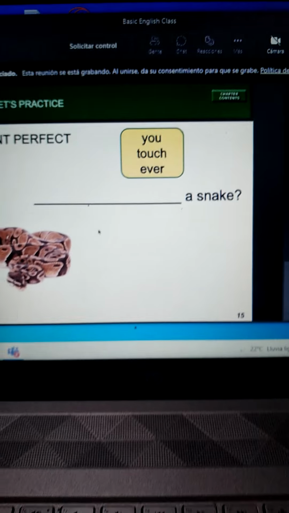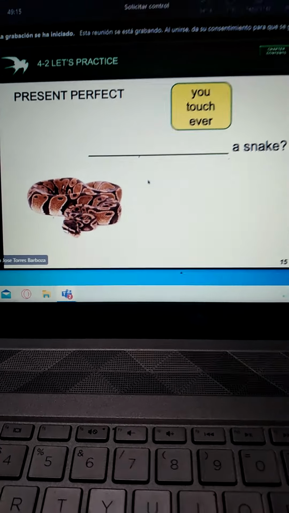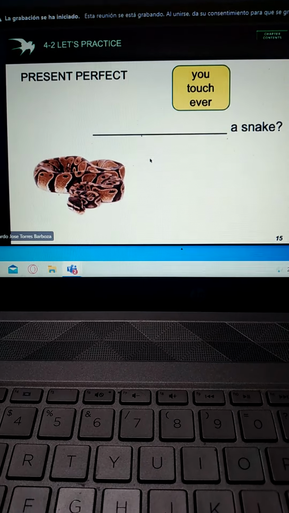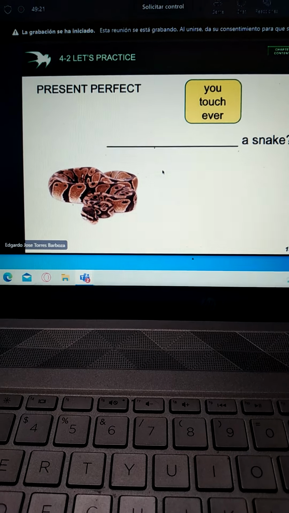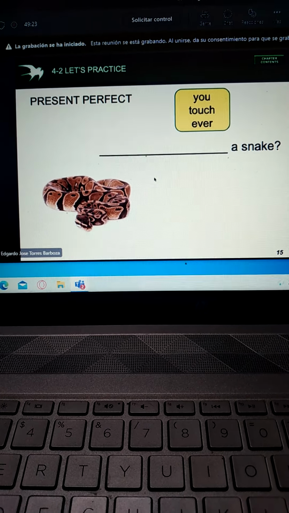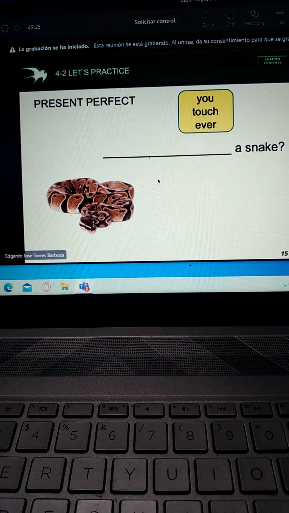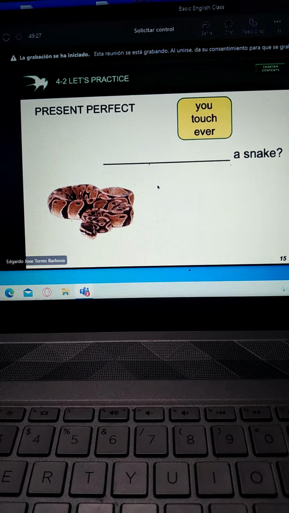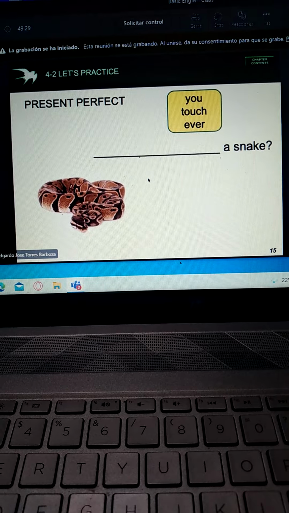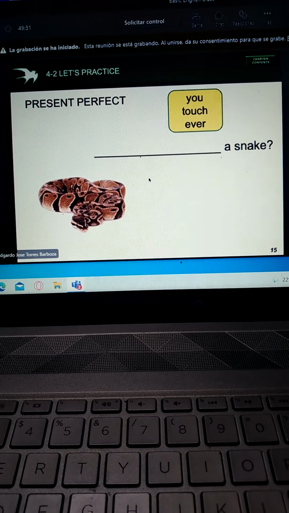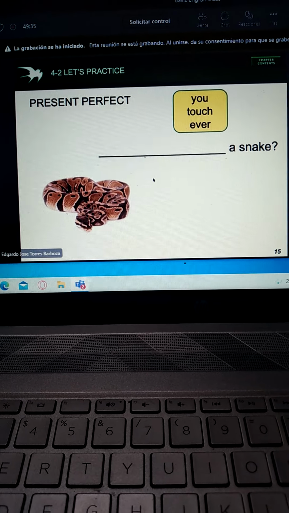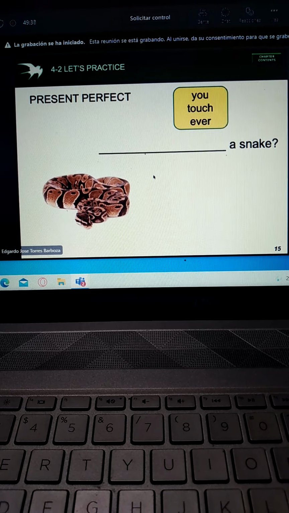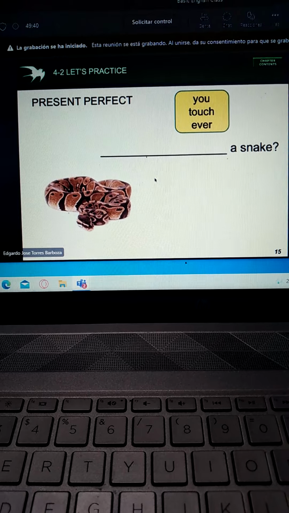Look at this. Present perfect. How do we make a sentence using present perfect, using these words? You, touch, and ever. We have to start with have or has. You. Have you ever, and what's the past participle of touch?